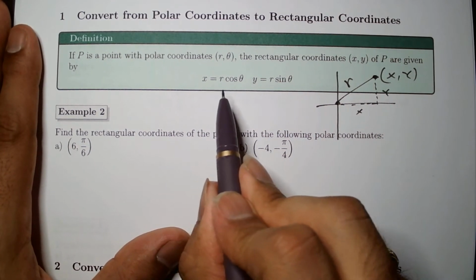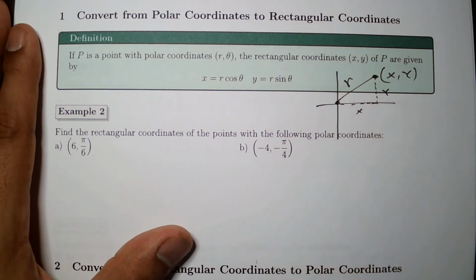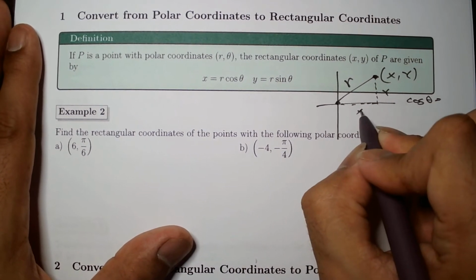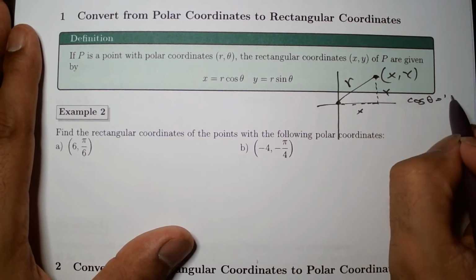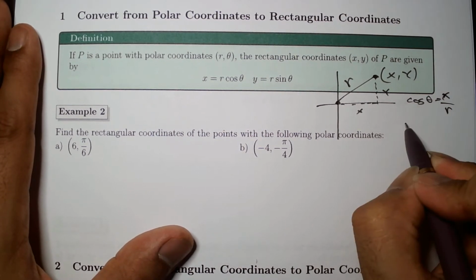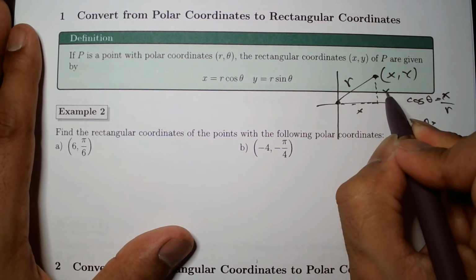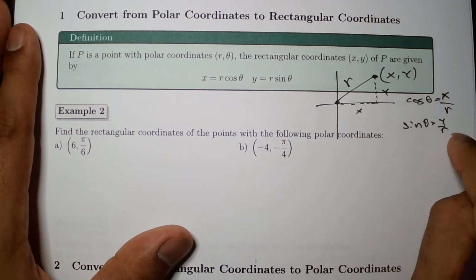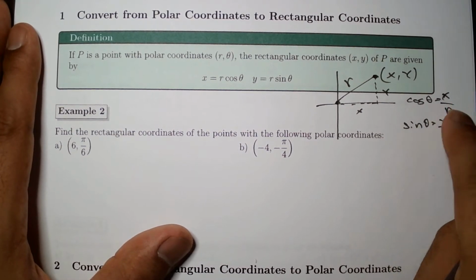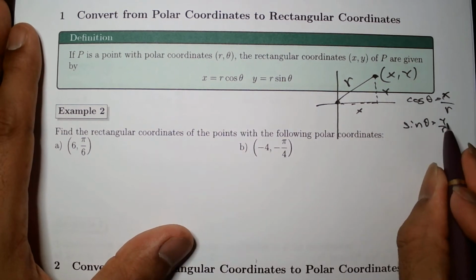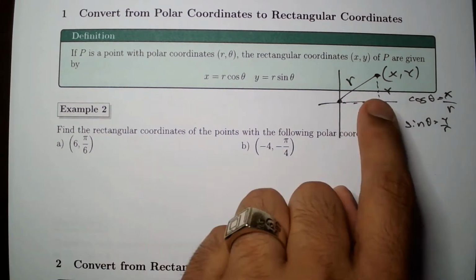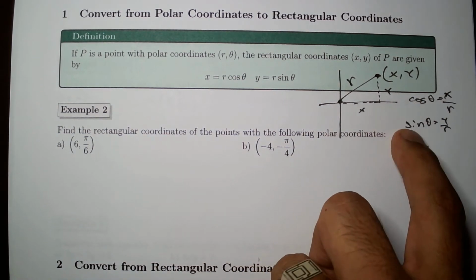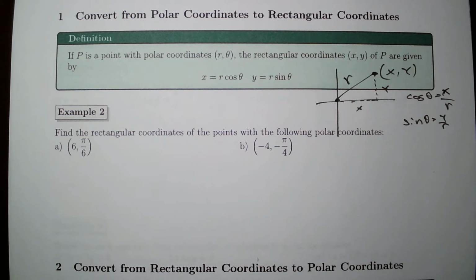Using trigonometry, cosine θ equals adjacent over hypotenuse, that's x over r, and sine θ equals opposite over hypotenuse, that's y over r. And then from here, solve for x to get r cosine θ, solve for y to get r sine θ. So we can always relate the triangular relationships of the trigonometric functions to polar coordinates.